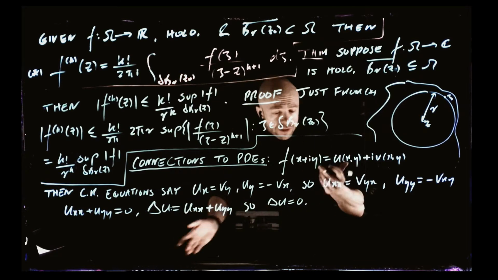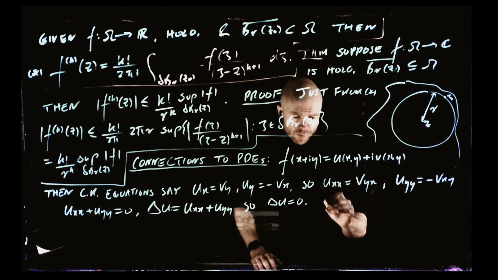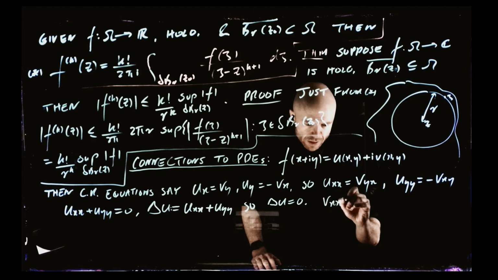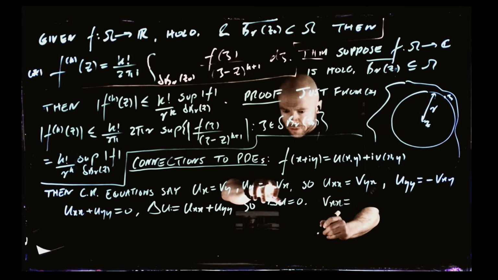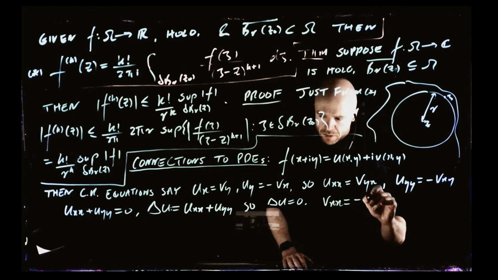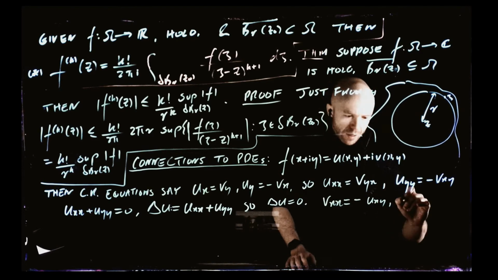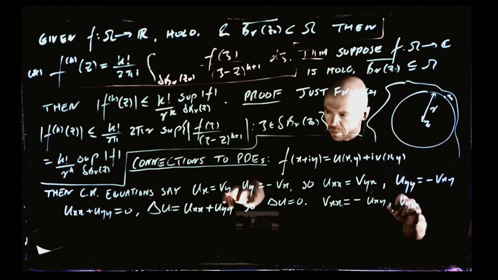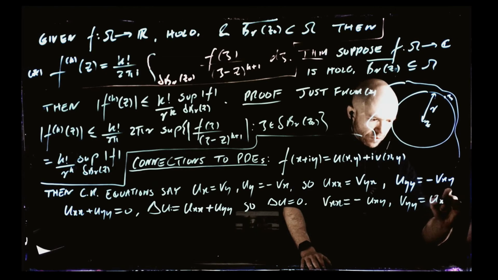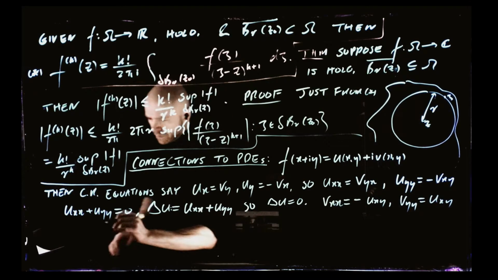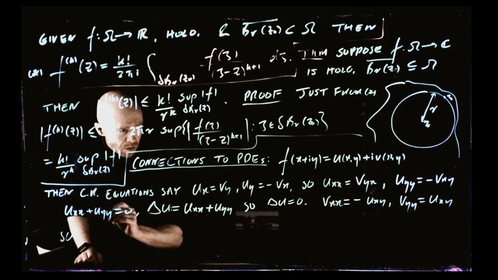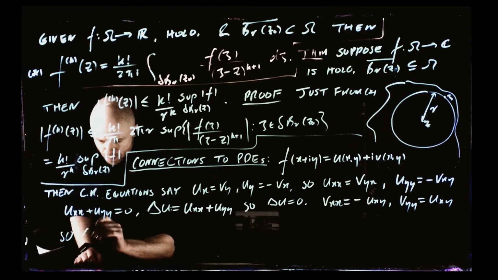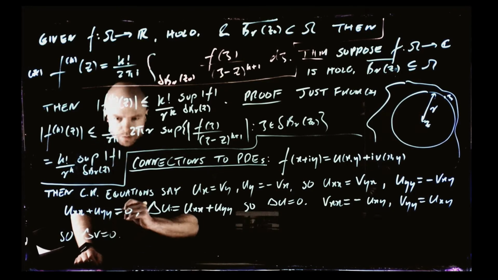So we have this, and the same thing is true for v, as you might expect. So v_xx from this one is equal to minus u_xy, and then v_yy from this guy is equal to u_xy. So we have that the Laplacian of v equals 0.